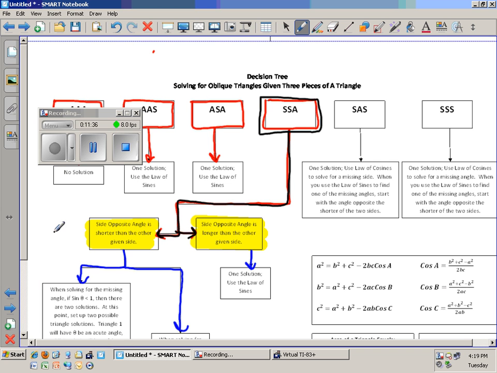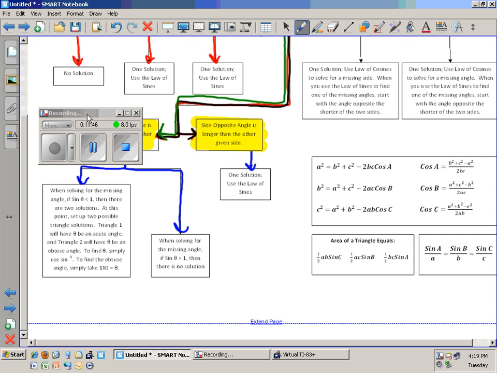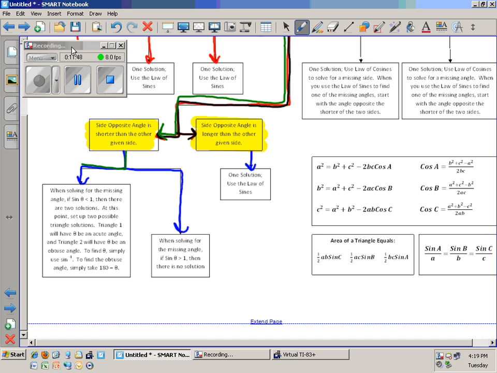So I go to my decision tree and follow it down. Opposite angle is shorter. I see that when I solve for the missing angle, if sine of theta is less than 1, then there are two solutions.